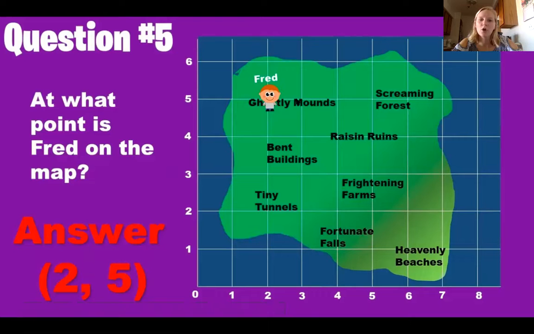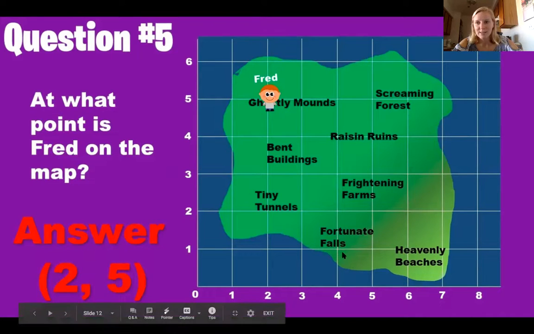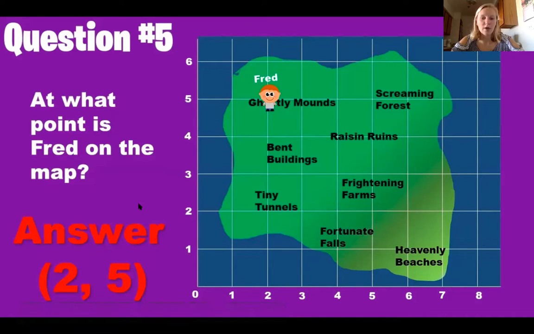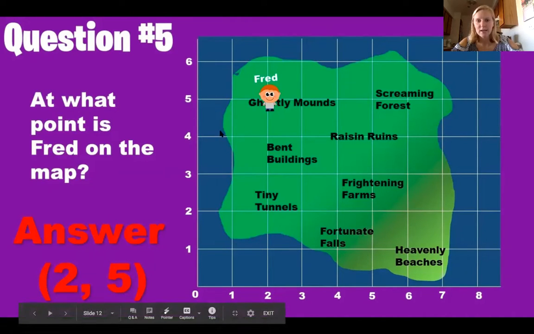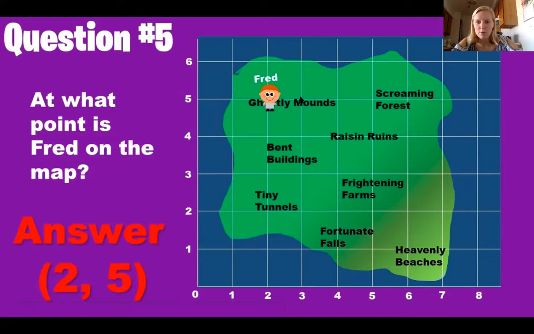So we could either go 1, 2 spots east, 1, 2, 3, 4 spots south, or we could go down first. We could go 1, 2, 3, 4 spots south, 1, 2 spots east. Okay, but we like to keep our ordered pairs going x-axis first, y-axis second. So we would like to really keep it with horizontal first. So it would be 1, 2 spots to the east, 1, 2, 3, 4 spaces south.